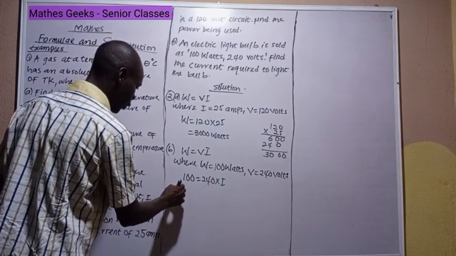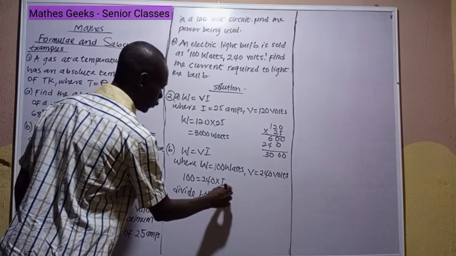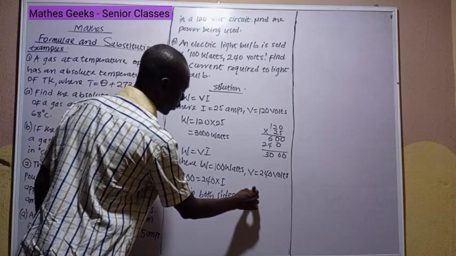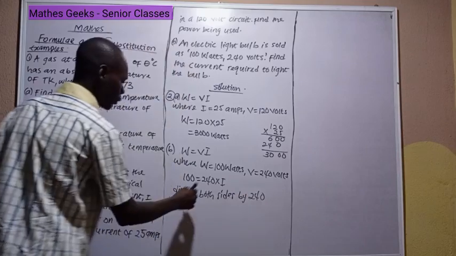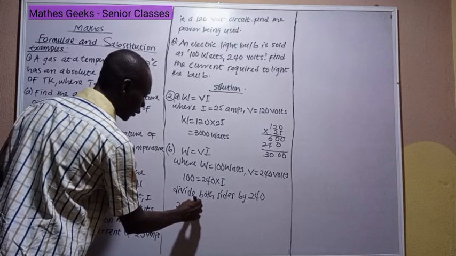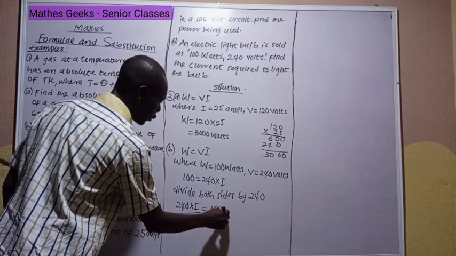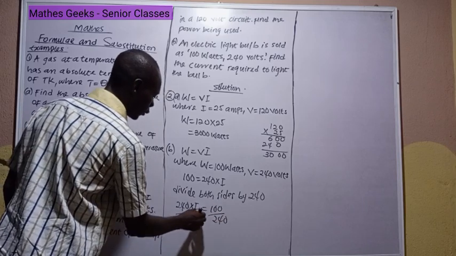So let's divide both sides by 240. So 240 times I over 240 is equal to 100 over 240.